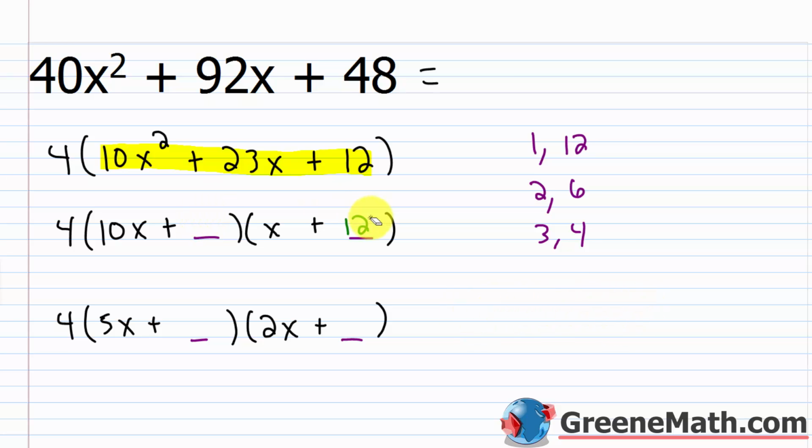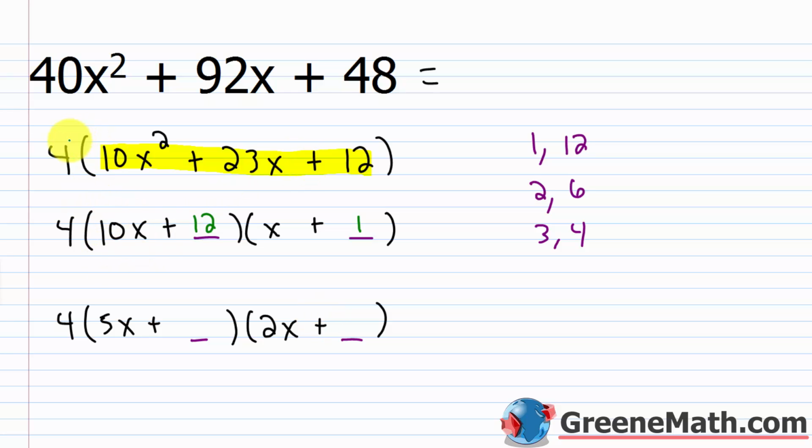Now, this part right here is important, so you need to pay close attention. Can I put a 12 here and a 1 here? No, it's not possible. The reason is, if the original trinomial you're trying to factor does not have a common factor of 2 in this case, then none of the binomials will have one. And you might say, well, we did have a common factor. We had a common factor of 4.